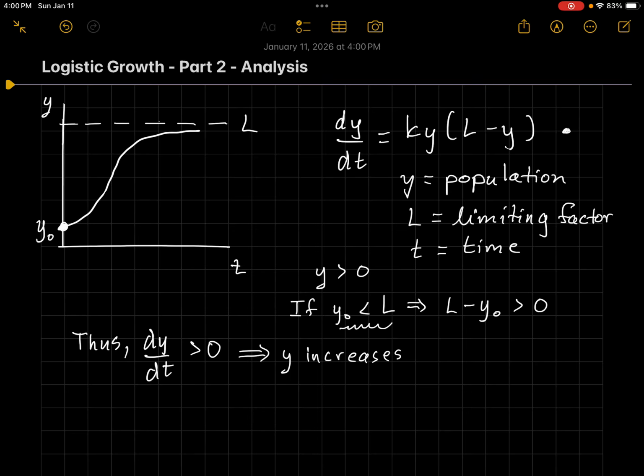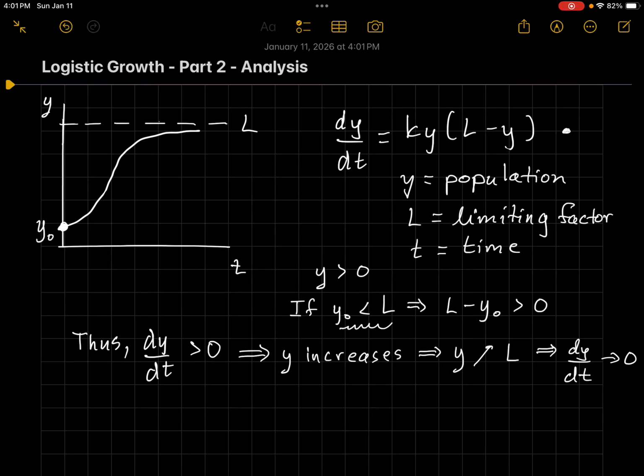But if our population is increasing, then y is approaching L. But if y is approaching L, then our slope, as time goes on, must be approaching 0.